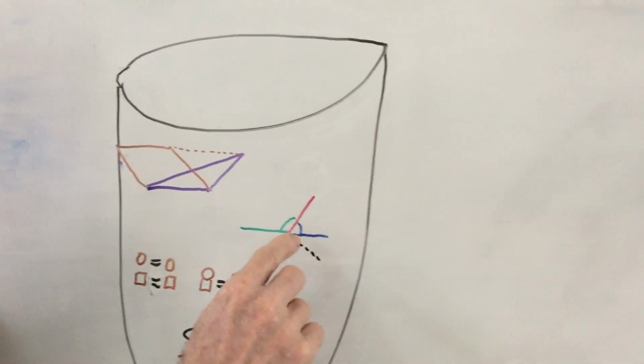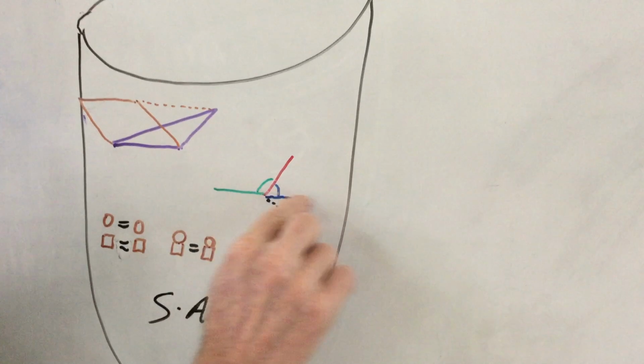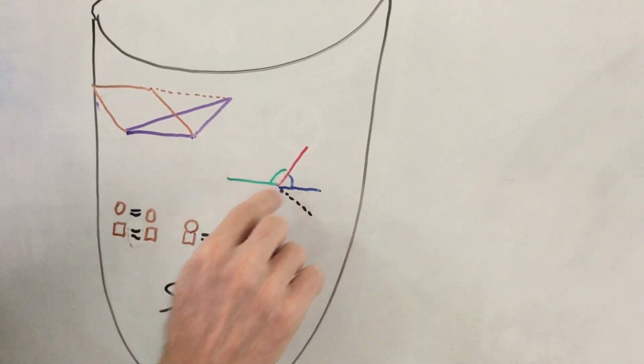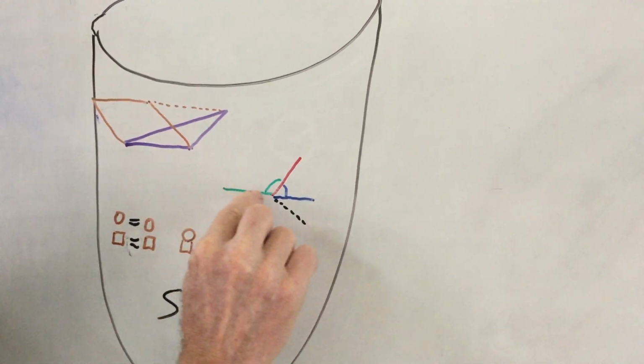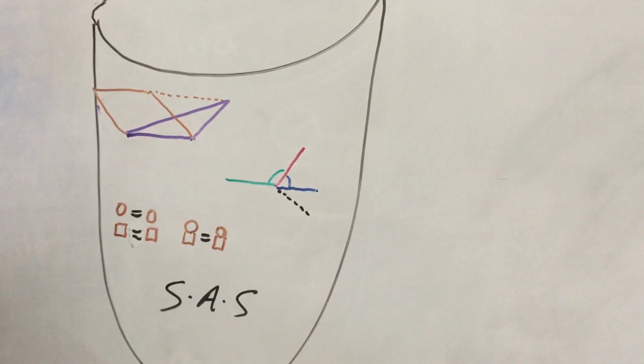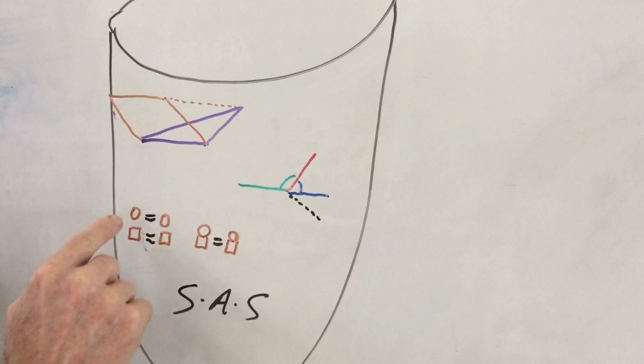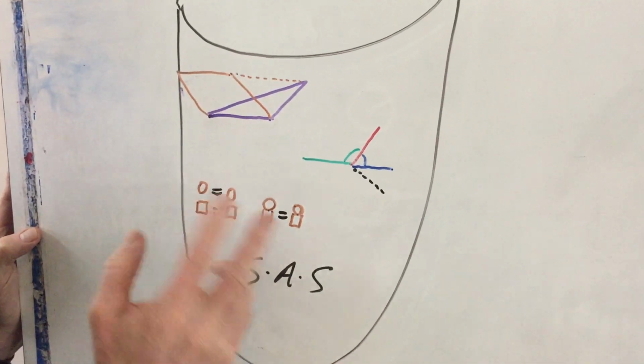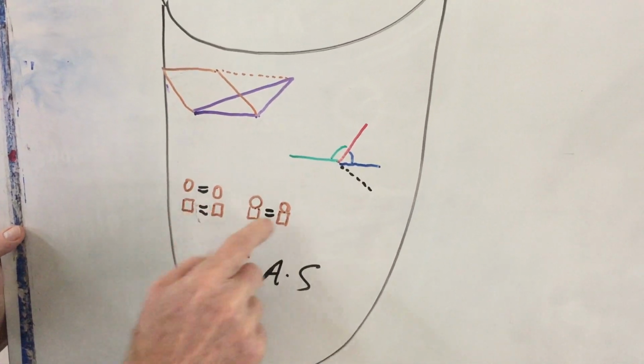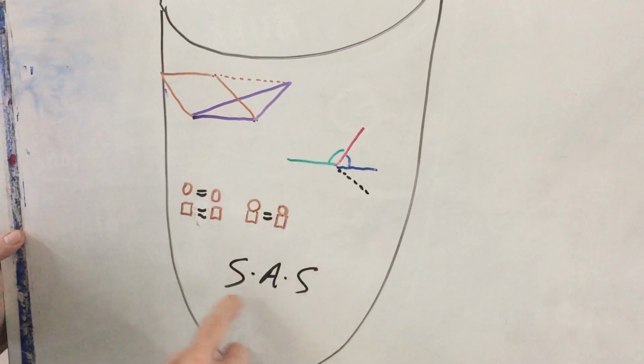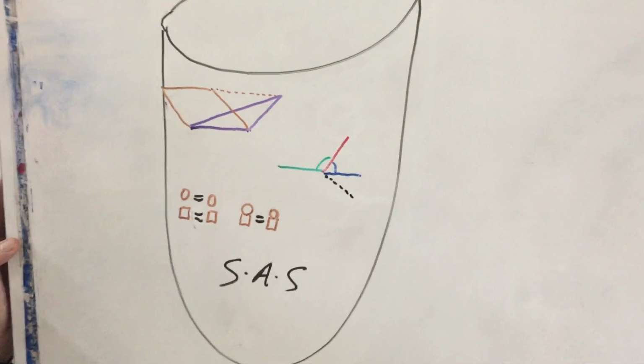We're also going to use that if you have a line and two lines coming from it, forming adjacent angles equal to two right angles, those two lines themselves will be in a straight line. We're going to use equals added to equals, the wholes are equal. And then we're going to rely on side angle side. So let's get cracking.